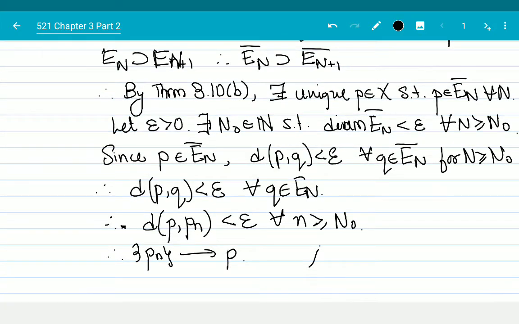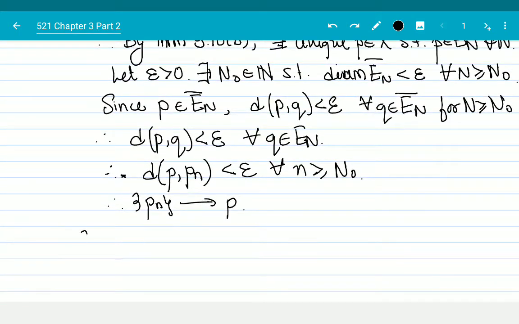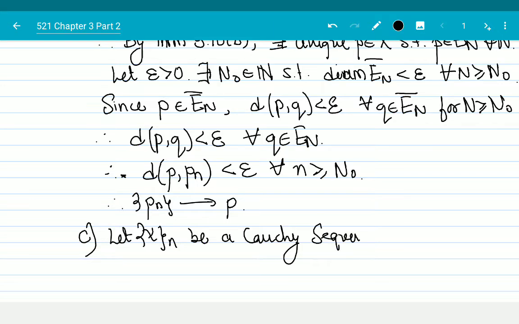Okay. Part 3 is really easy. Part C. Let xn be a Cauchy sequence in Rk.